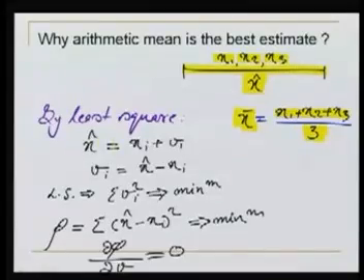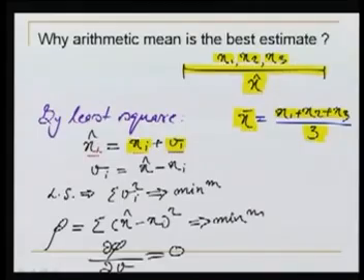In the case of least squares, as we always write, xi hat is xi plus vi. Here xi is the observation, vi is the residual.